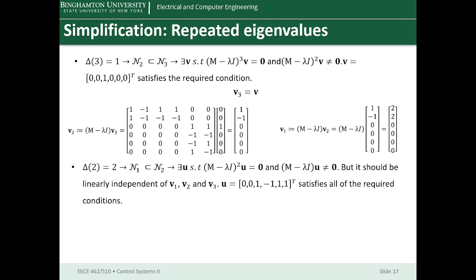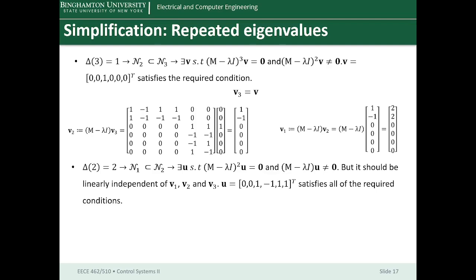From our earlier analysis, we know that the null space of the second power, N2, contains two vectors that are not in the first null space N1. That means there are two possible directions in N2 that could start a new generalized chain, but we only need one of them since we already have one chain from the previous step.